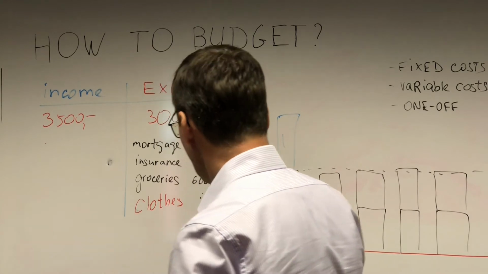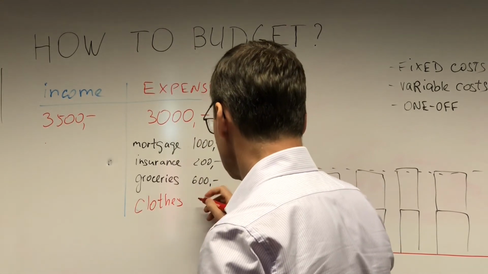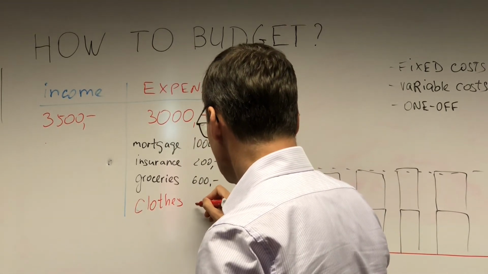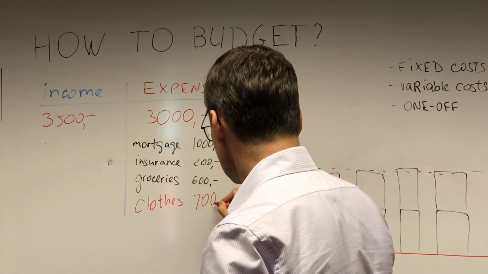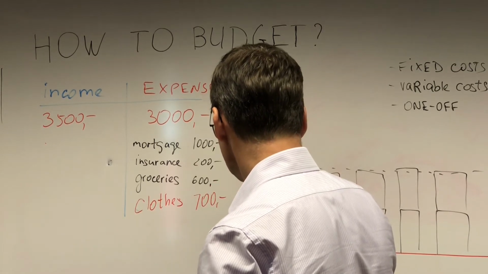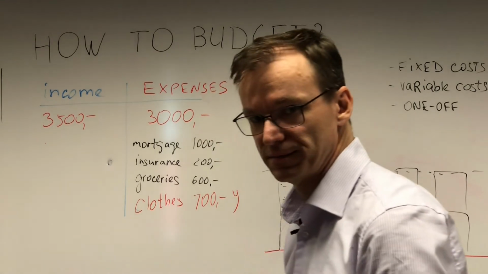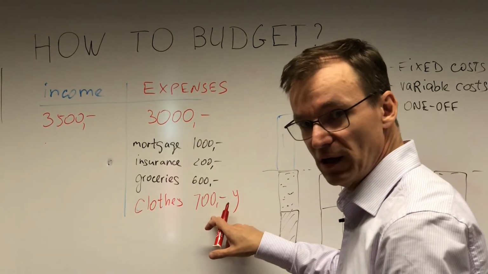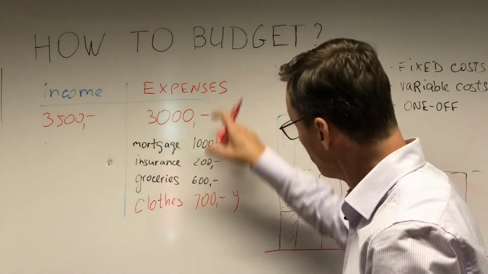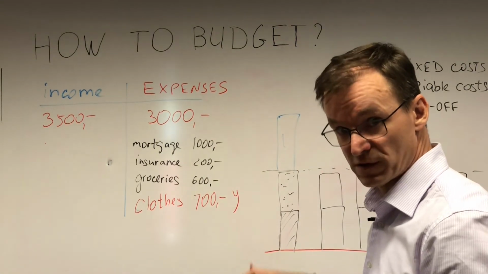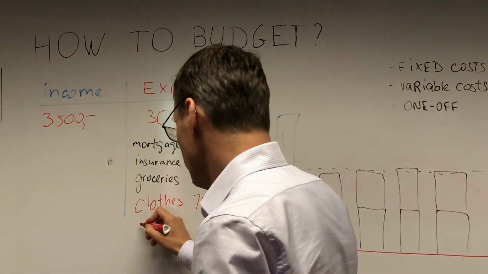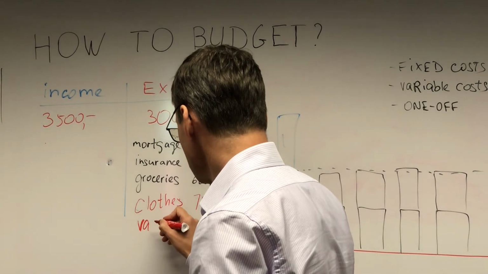Like clothes, and per year you spend, I don't know how much you spend, let's put it 700 per year. So this is months, this is year. Then you divide it by 12 and you get per month, right?